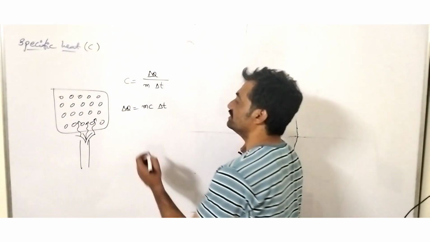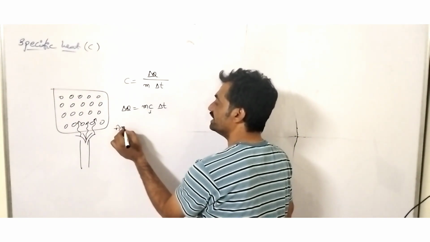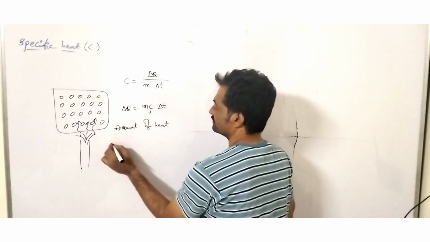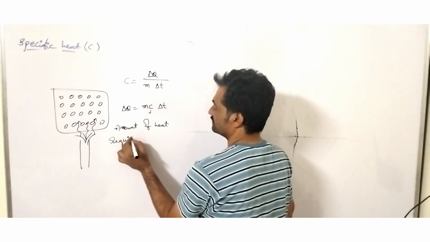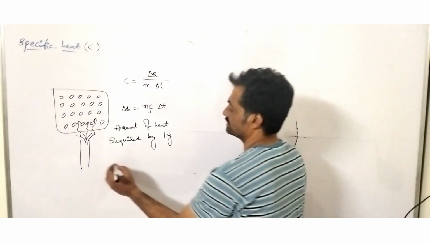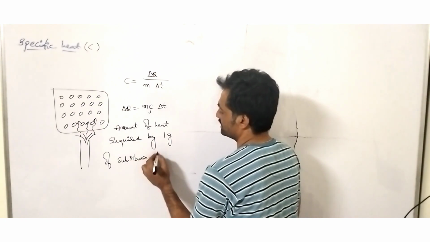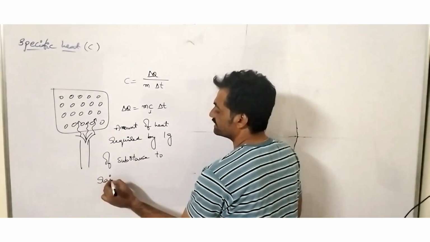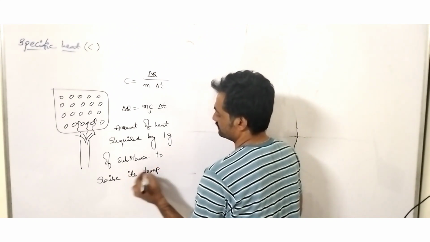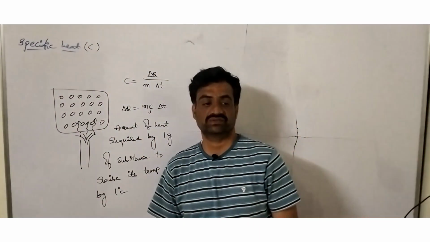Now observe that here we can define this specific heat as the amount of heat required by 1 gram of substance to raise its temperature by 1 degree Celsius is known as specific heat.